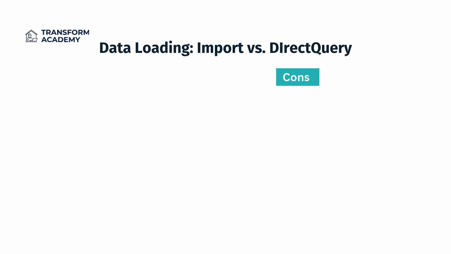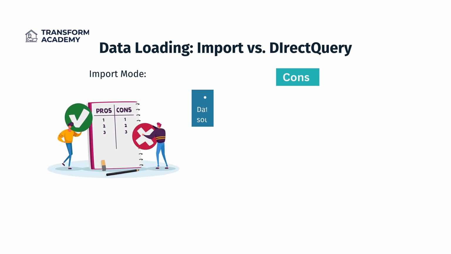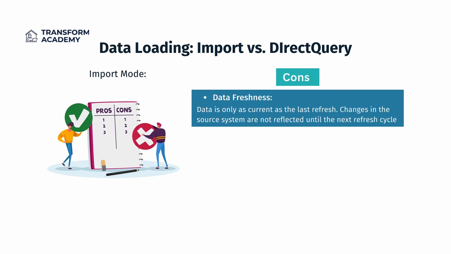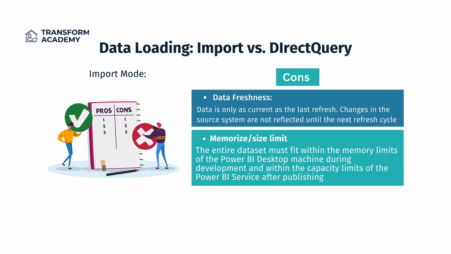Cons of import mode. Data freshness. Data is only as current as the last refresh. Changes in the source system are not reflected until the next refresh cycle. Memory size limits.